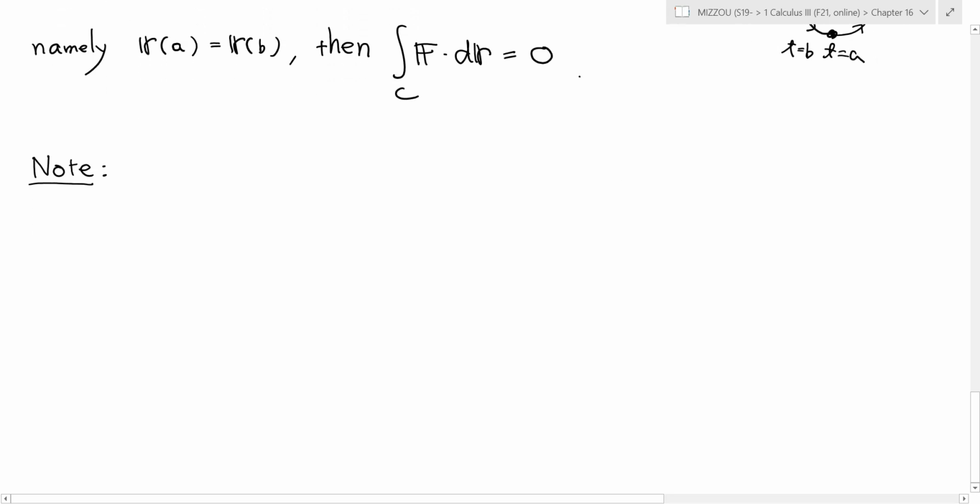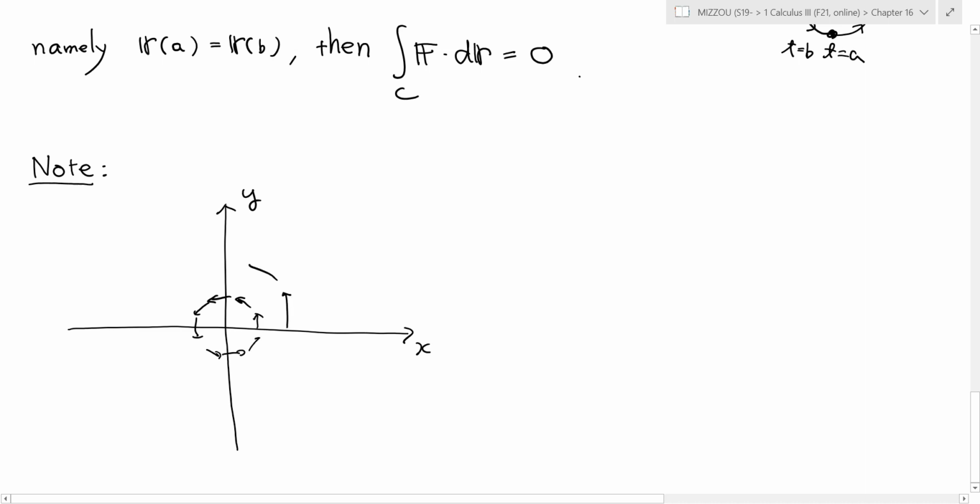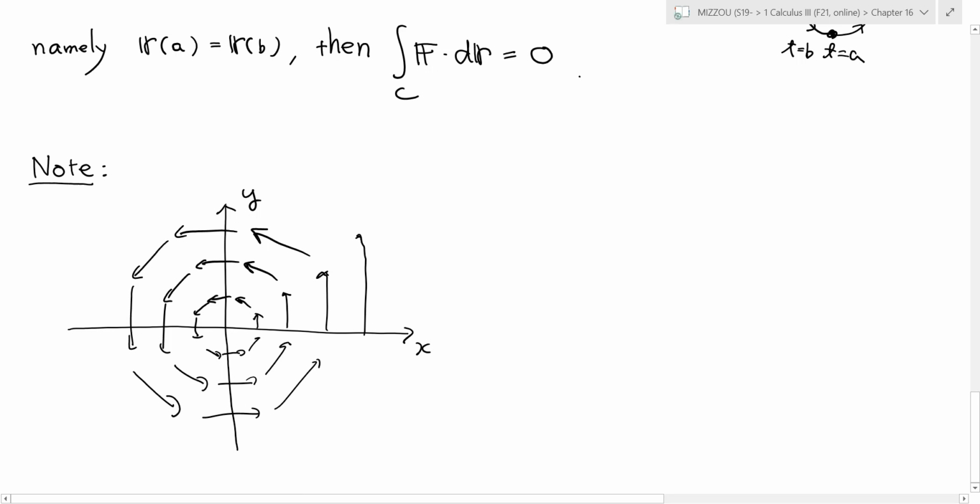Suppose the xy plane is the surface of a swimming pool, and the water is rotating around the swimming pool like a vortex, like this.